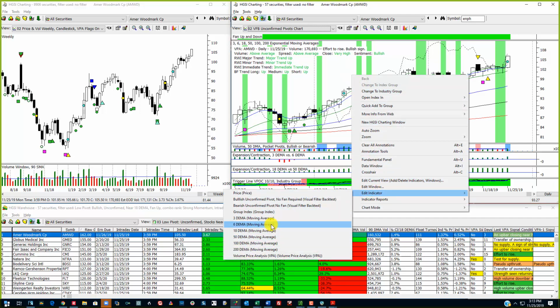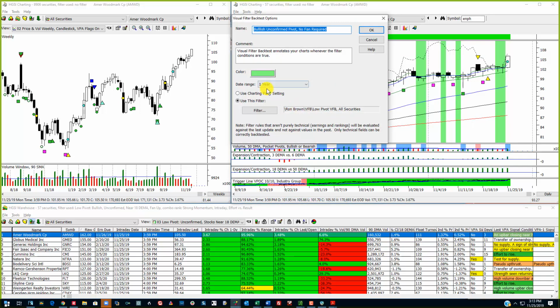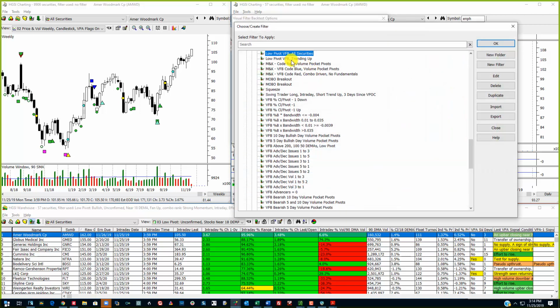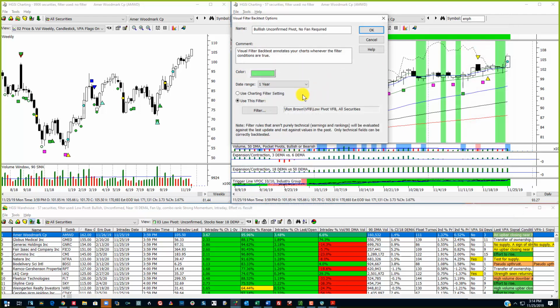if I can figure out where my settings are, I haven't looked at this for so long. Okay, I've just got this set on 1 year. Use this filter. Now the difference is, on those two settings, I attached the filter. Low pivot VPS, all securities.